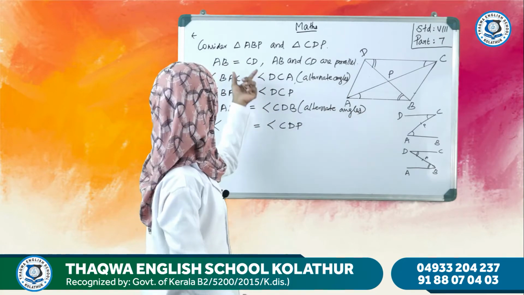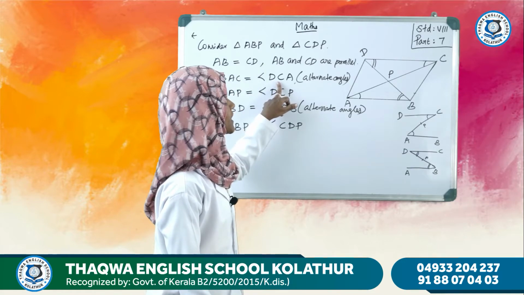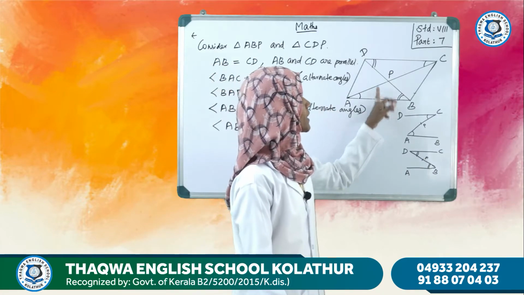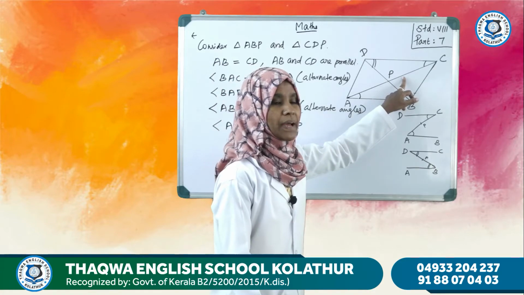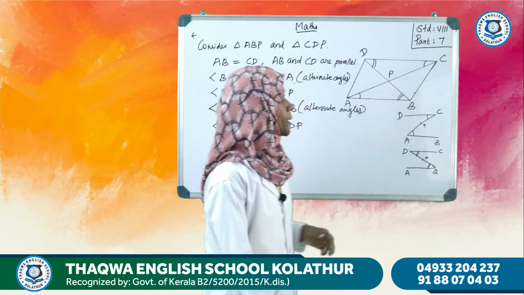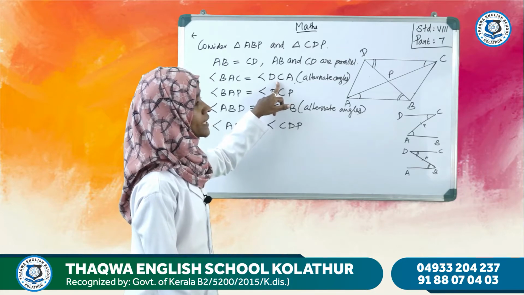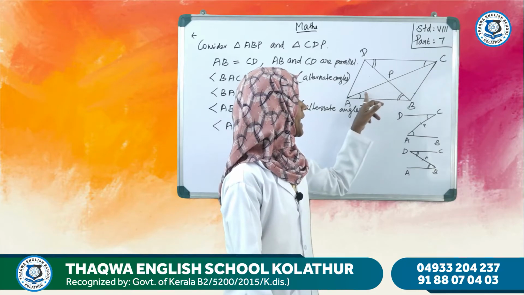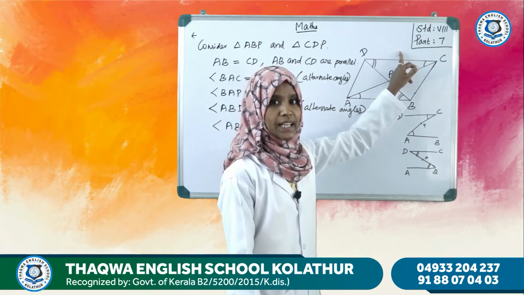Okay. Now listen, angle BAC and angle DCA are the alternate angles formed by the line AC meeting the pair of parallel lines AB and CD.